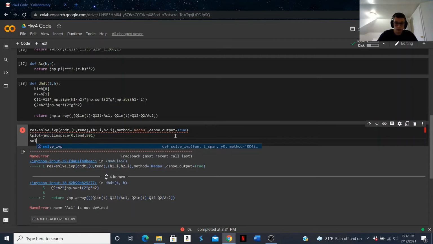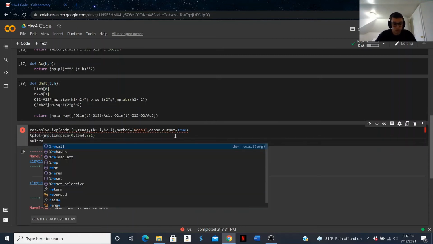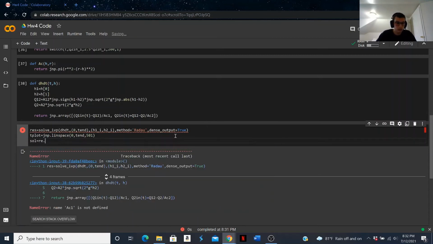And then our solve is equal to res.sol. And that's T plot.